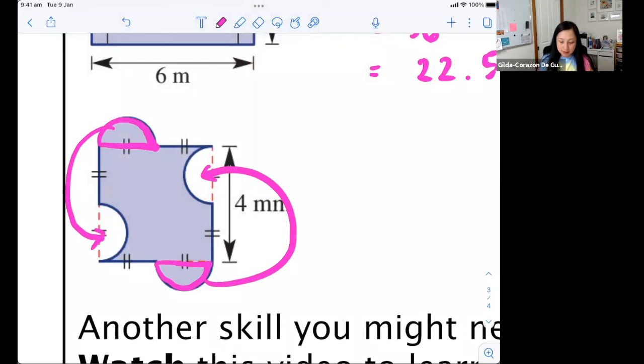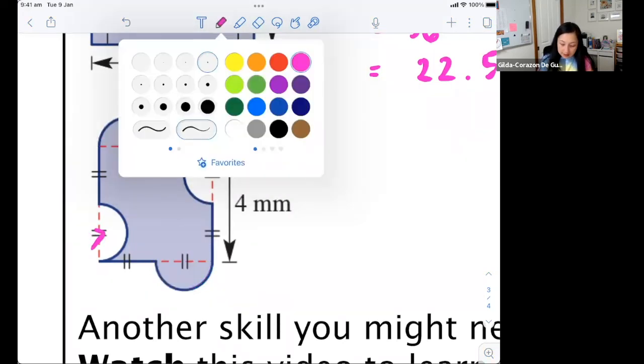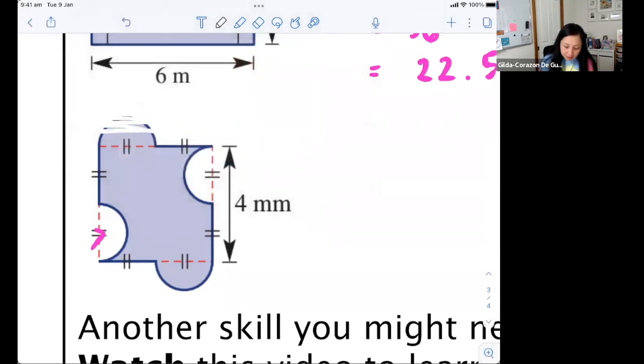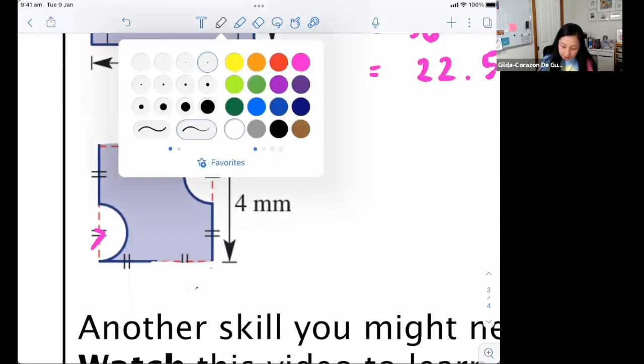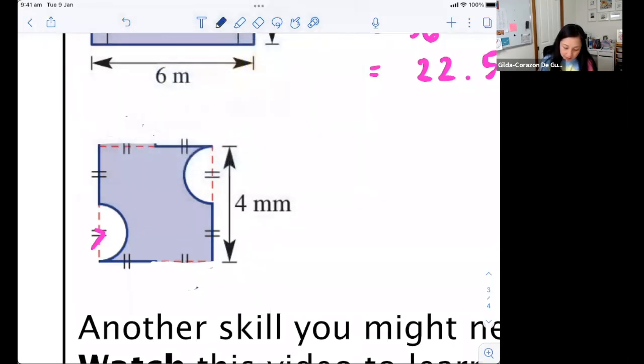And what shape do we actually form? We could say that the shape that we form would be a square.